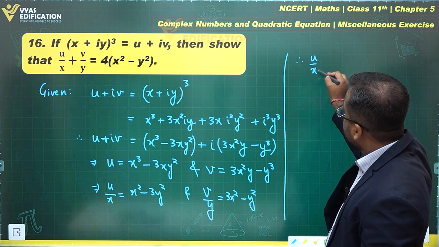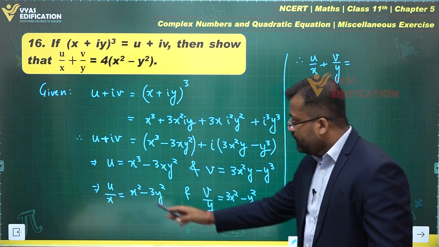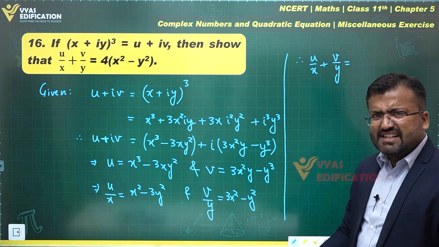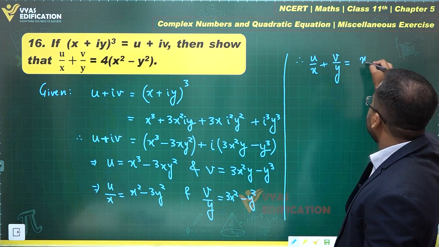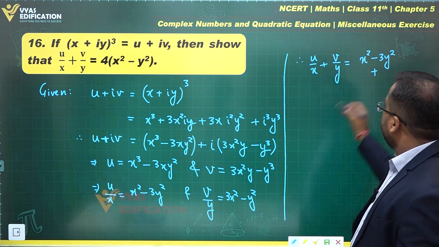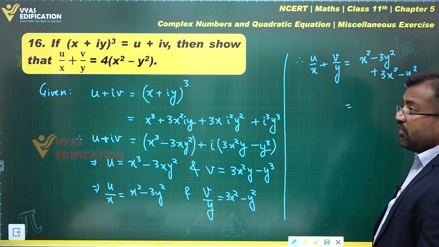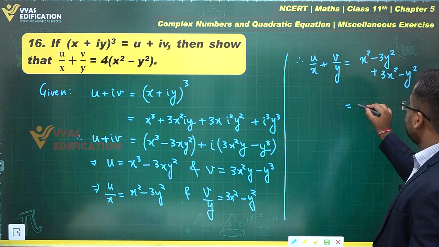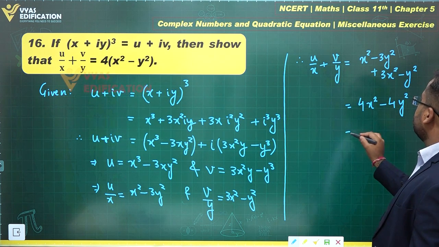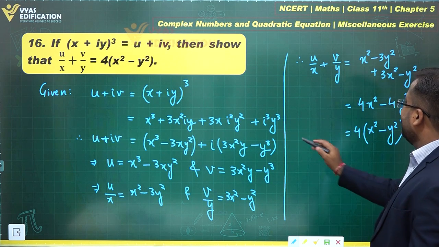u/x + v/y is equal to what? u/x + v/y is equal to this plus this. Let's add them together. What you have is x² − 3y² + 3x² − y², which is equal to 4x² − 4y², which is actually 4(x² − y²).